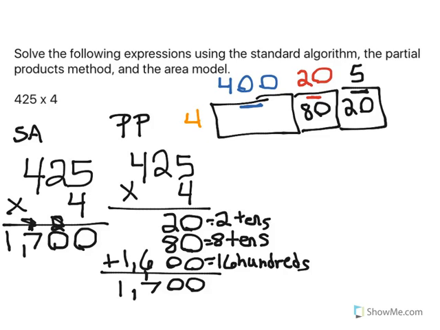And then I'm going to do 400 times 4, and I know 0 times 4 is 0. My other 0 times 4 is still 0. And then 4 times 4 is 16. So I get 1,600.